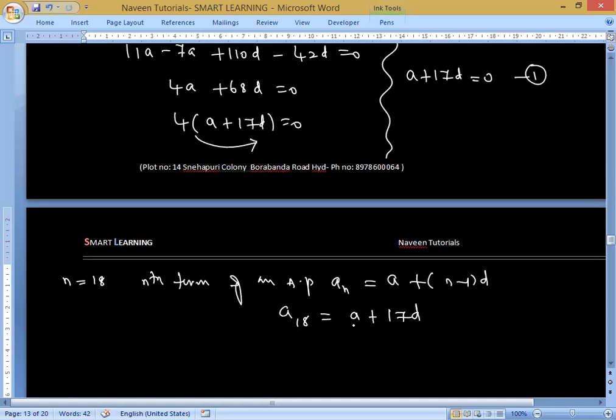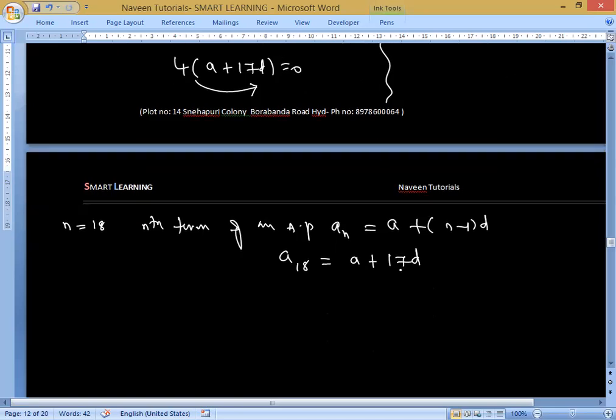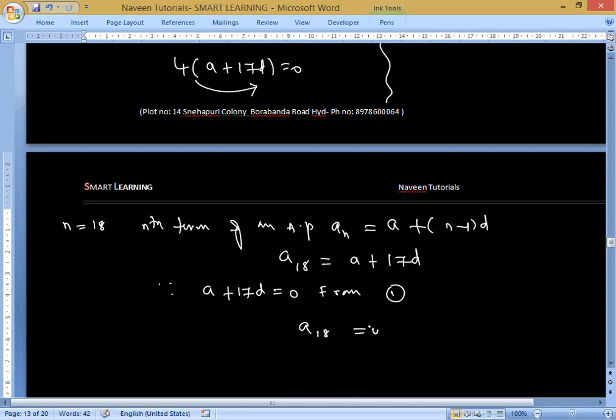So from the first equation, what is A plus 17D? It is 0. Therefore, since A plus 17D is 0 from the first equation, I can write A18 is equal to 0. Any doubts, anyone? No doubt.